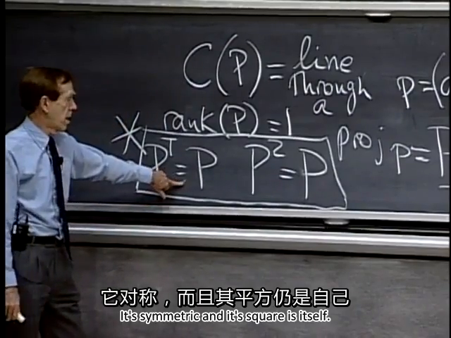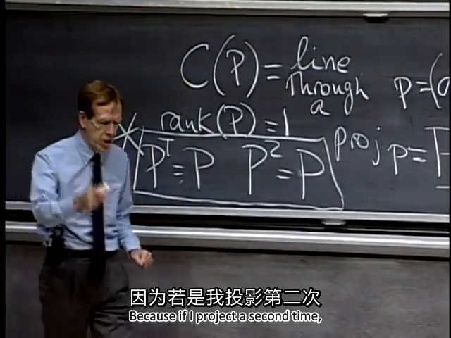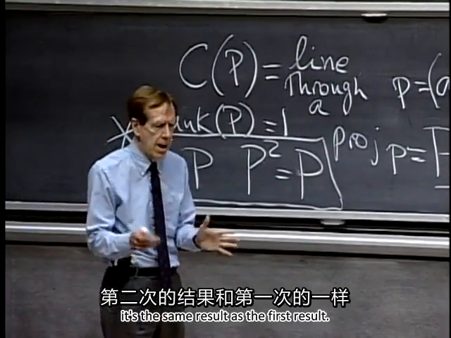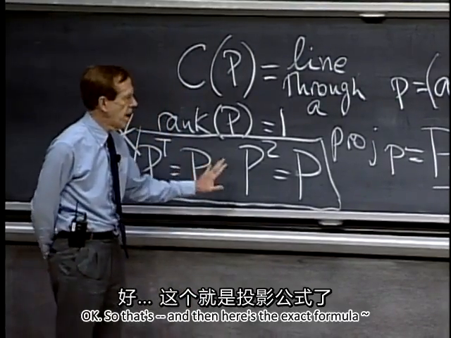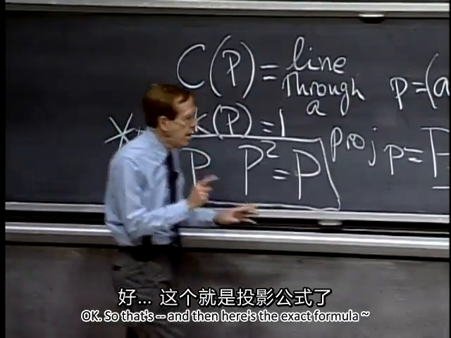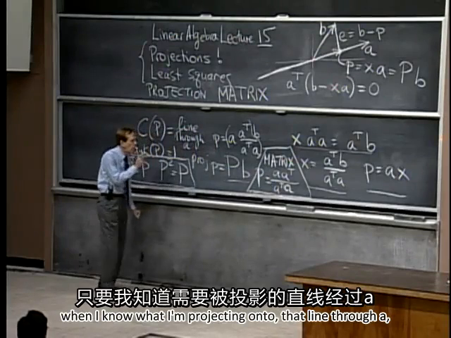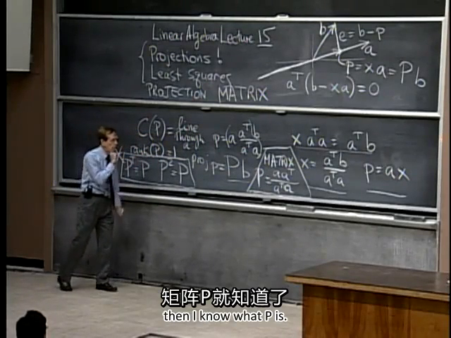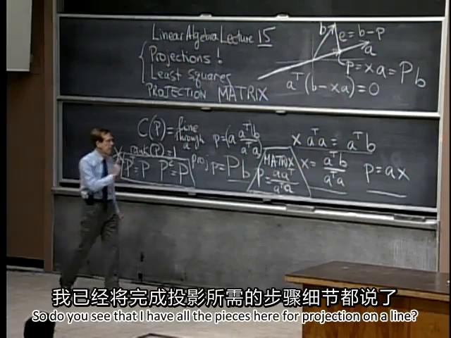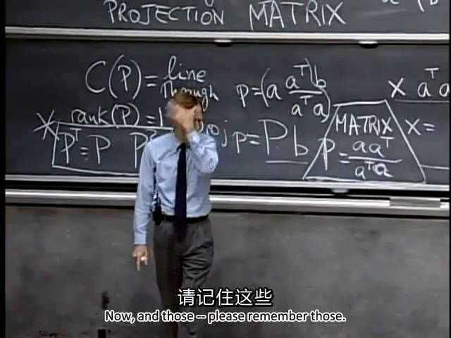It's symmetric, and its square is itself, because if I project the second time, it's the same result as the first projection. Okay, and then here's the exact formula. When I know what I'm projecting onto, that line through A, then I know what P is. So do you see that I have all the pieces here for projection on a line?